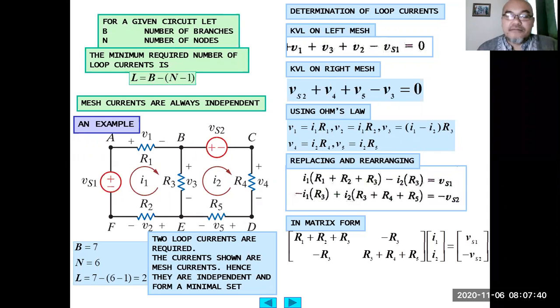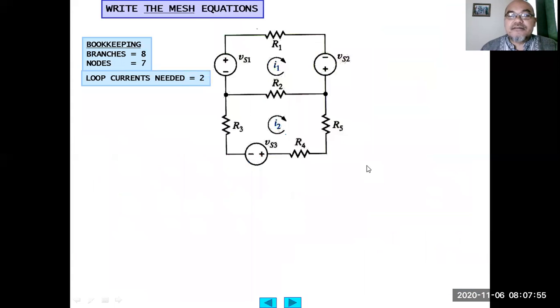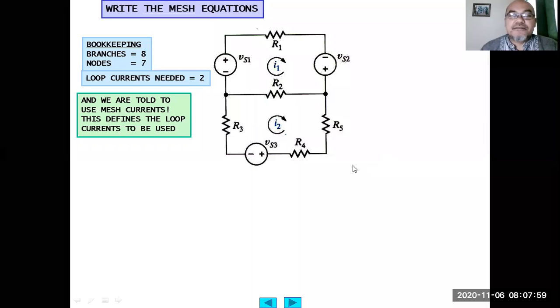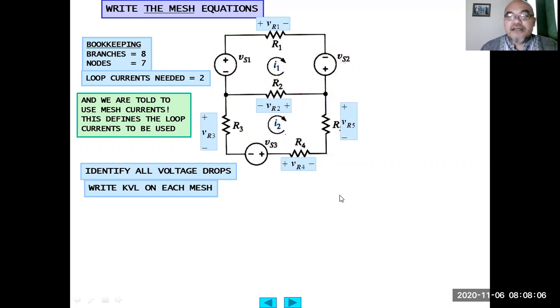If we have a computer, we can solve it using MATLAB, or even some calculators now have this facility to calculate the solution of a matrix. So we have learned a little bit how to write mesh equations, identifying all the voltage drops and writing the Kirchhoff voltage law on each of the meshes.